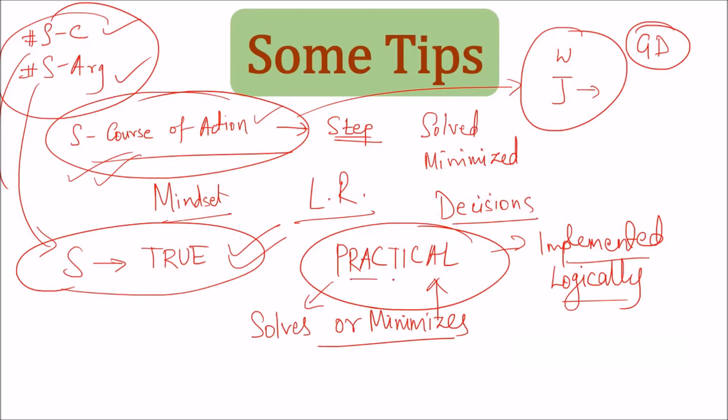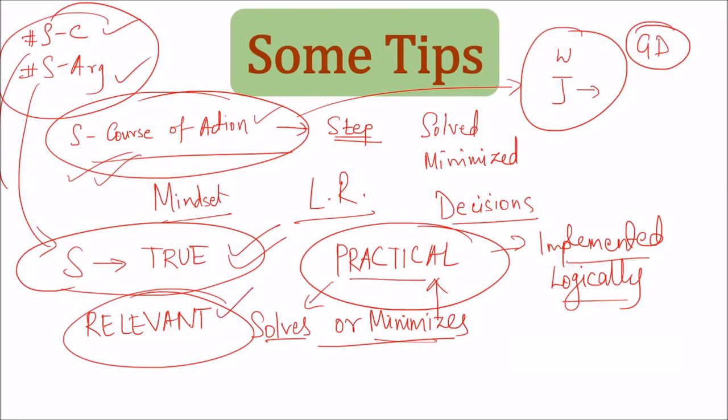Also, the solution you are choosing should be extremely relevant to the given problem statement or situation, right? If it is irrelevant, even if it is practical, then you should not choose that solution. It has to be relevant and practical.